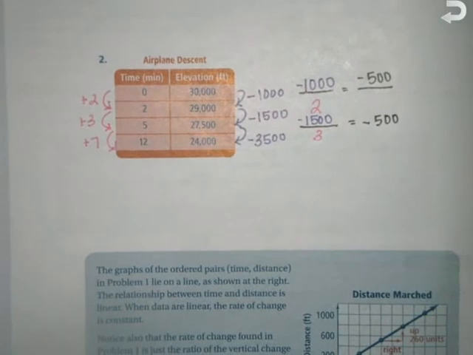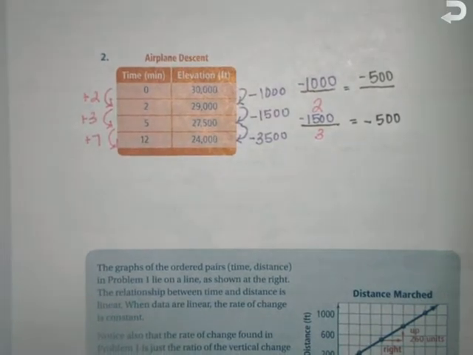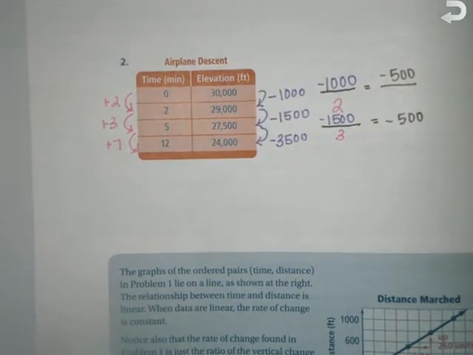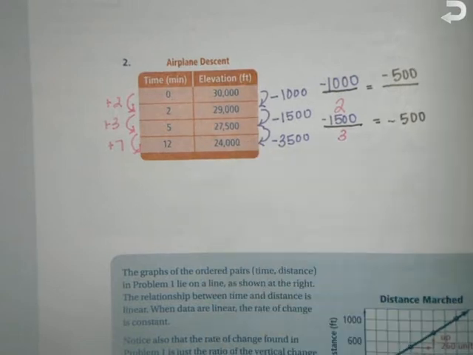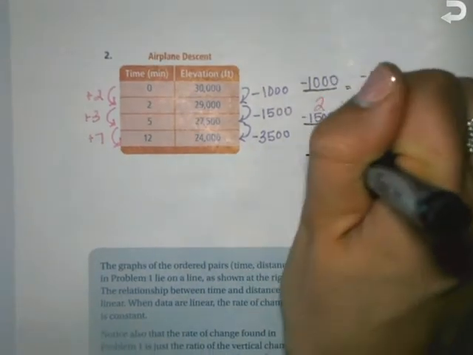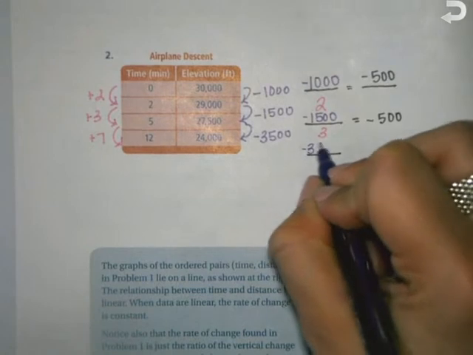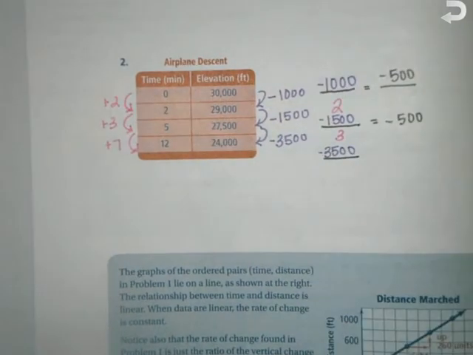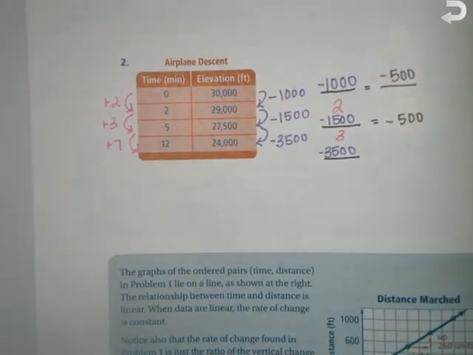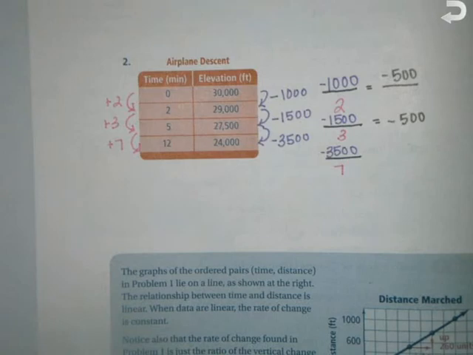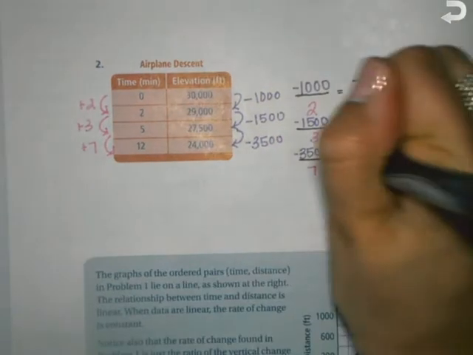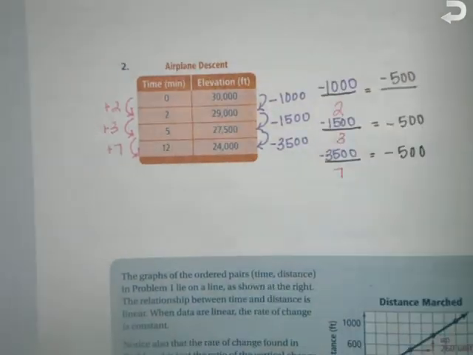So it kind of appears that our rate of change is constant, right? Because we're looking at the unit rate of change, but let's do the last one just to make sure. The dependent variable was changing by negative 3,500, and the independent variable changed by what? By 7. So what does that reduce to? Negative 500. So was our rate of change constant?